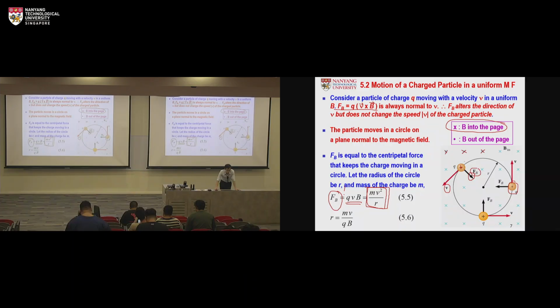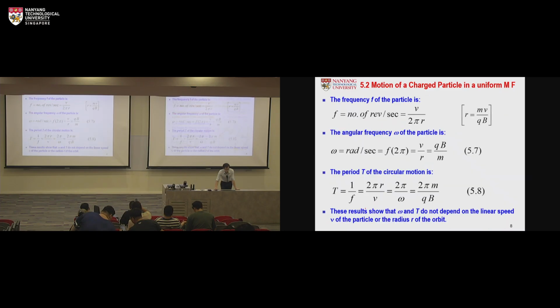So that is why you have this formula to define the circular motion for a moving charge inside a magnetic field B. From this equation, you can determine the radius of the circular motion, or you can also determine the frequency, that is the number of cycles for each second, the angular frequency, and the period.